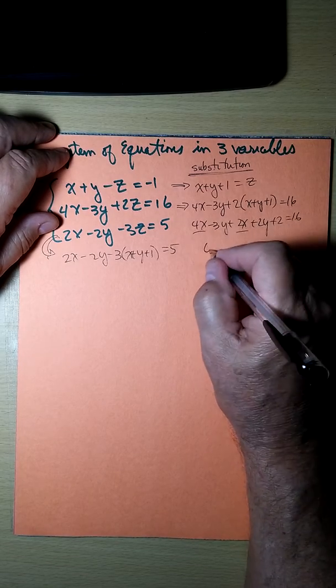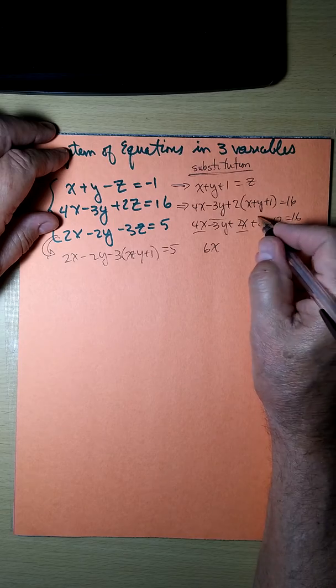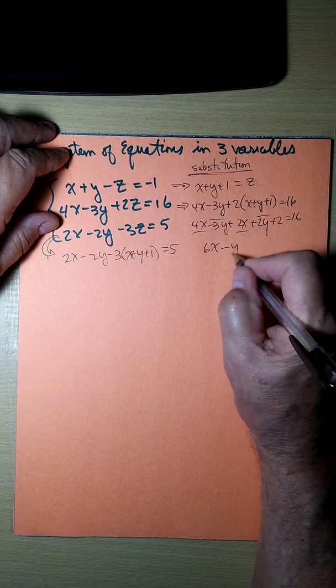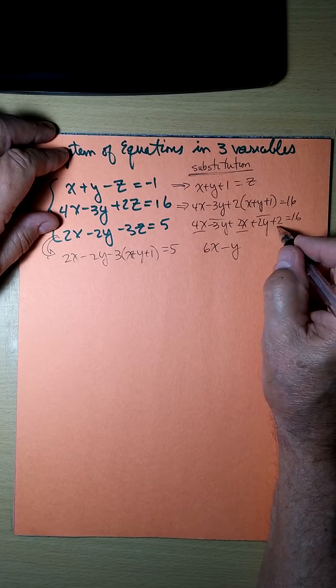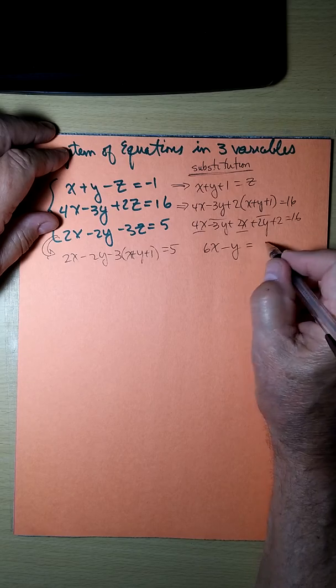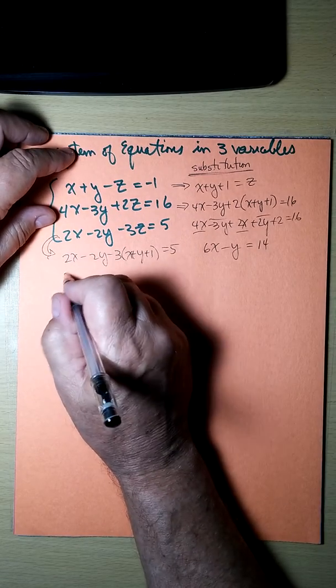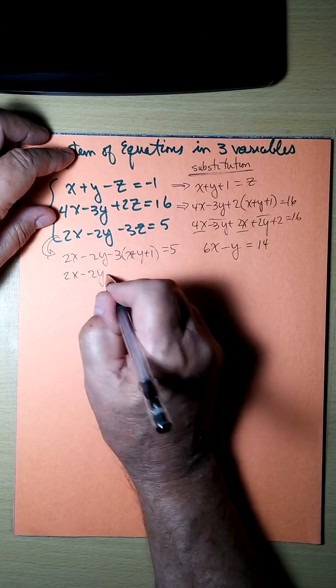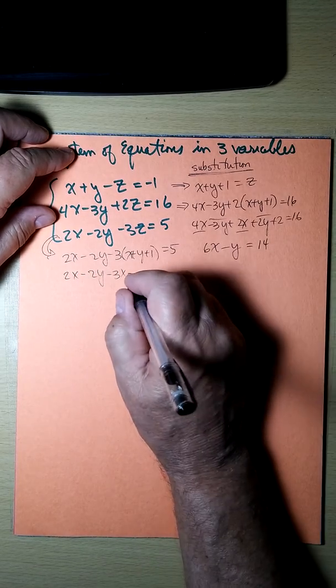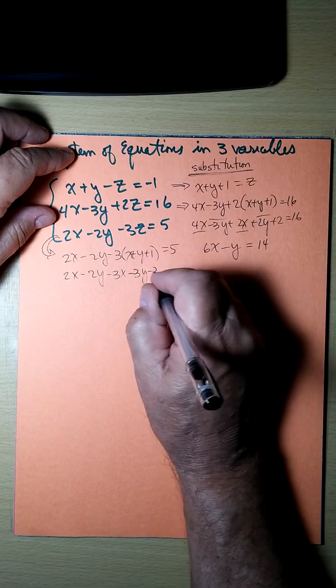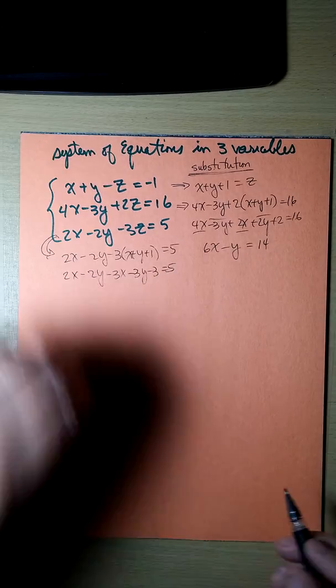There are 6 x's and negative y, and we're going to subtract 2 from both sides and get 14. For this one, 2x minus 2y minus 3x minus 3y minus 3 equals 5.